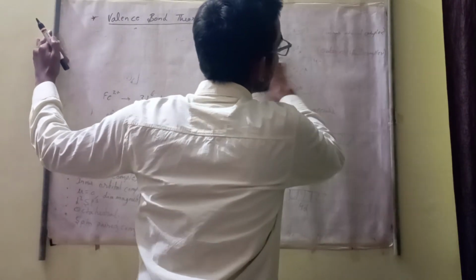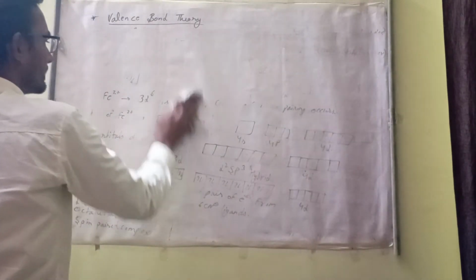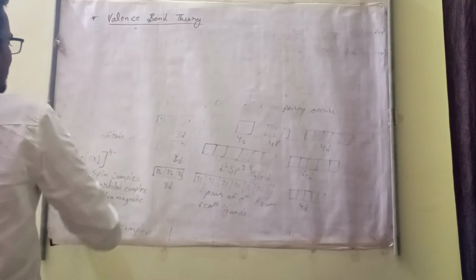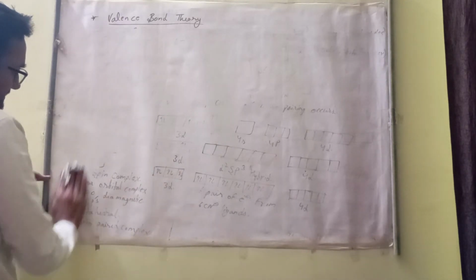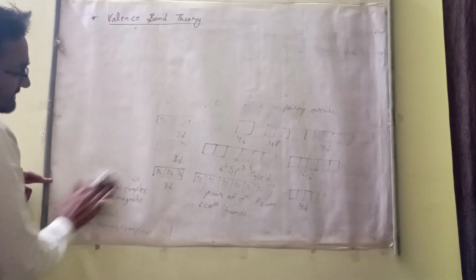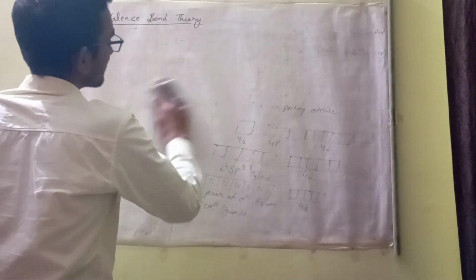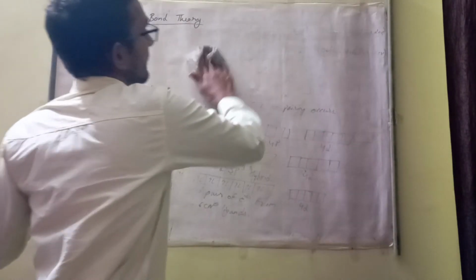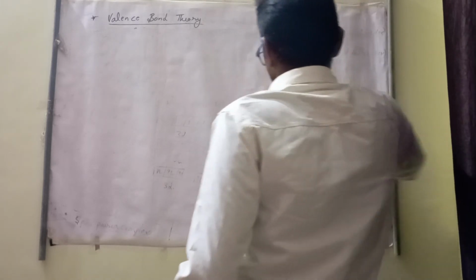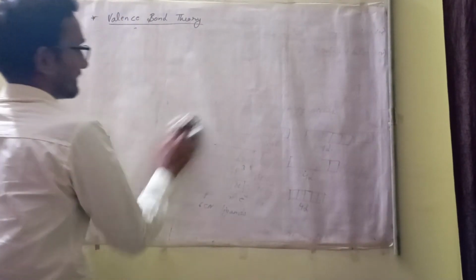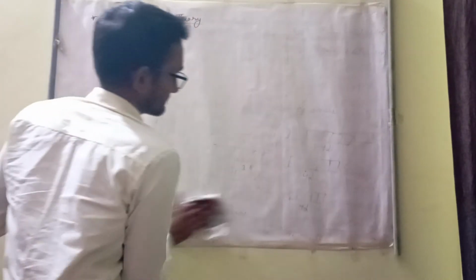Limitations of VBT. What are the limitations of valence bond theory? We observe that it is unable to explain the quantitative interpretation of magnetic data.